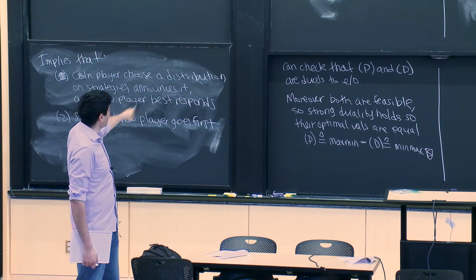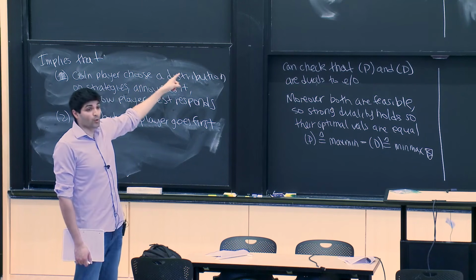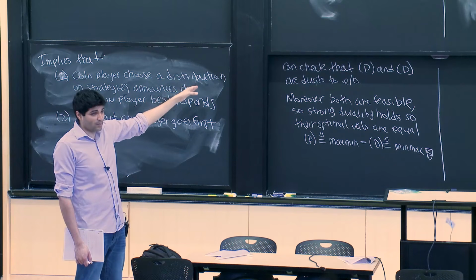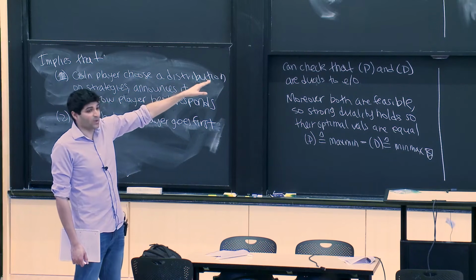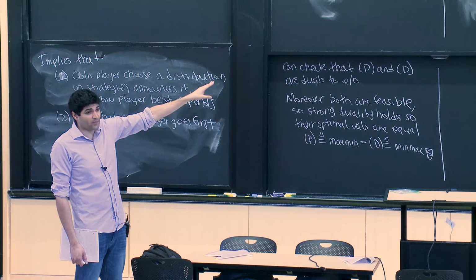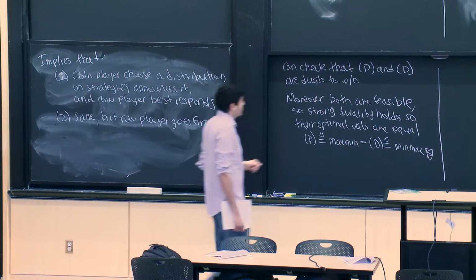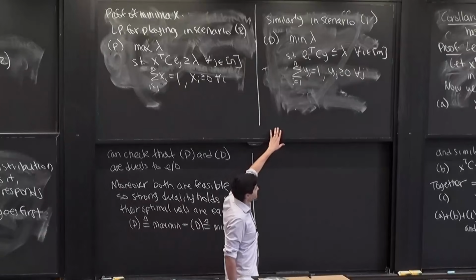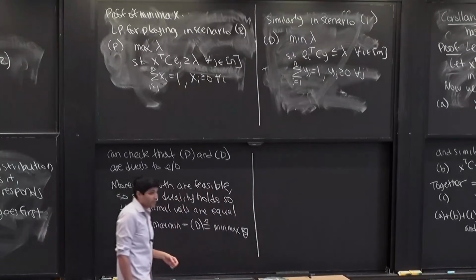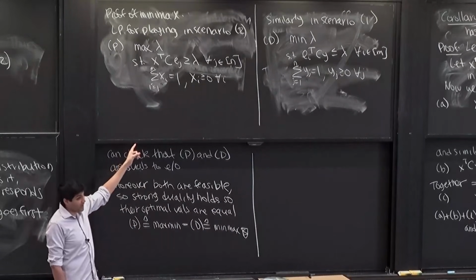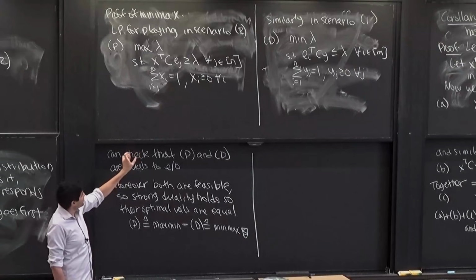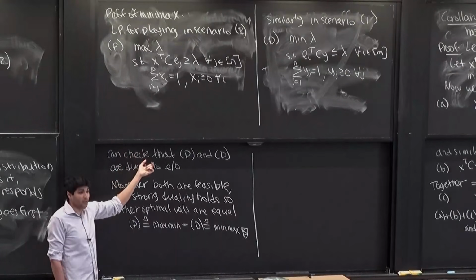one way I can prove for you that you can't get a very large value lambda is if I just have to exhibit a good strategy for the other player. Once I have a feasible solution to this linear program, that tells me how the column player has to play, and that tells me that my row player can't do all that well. So these two things act as certificates of each other.